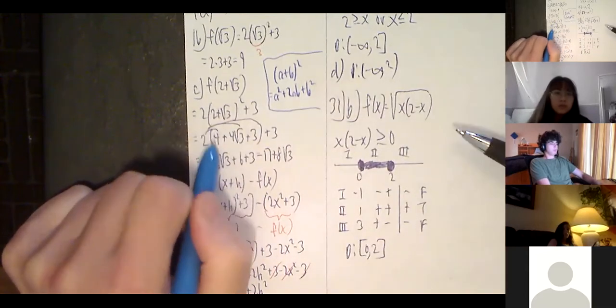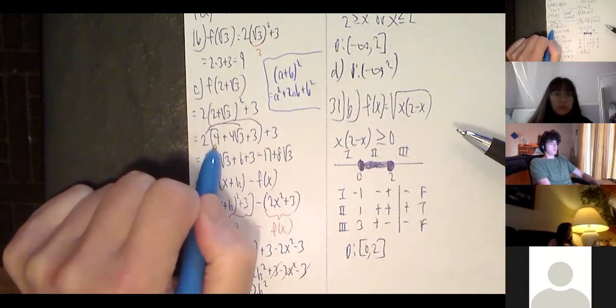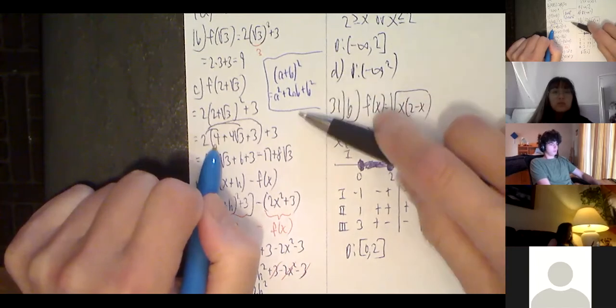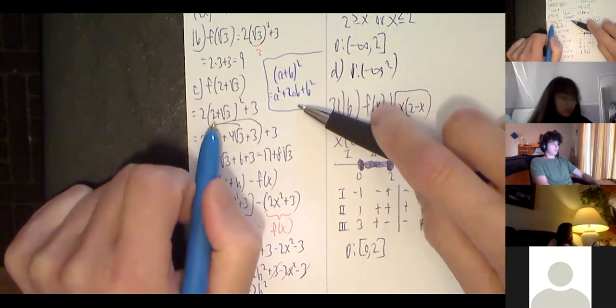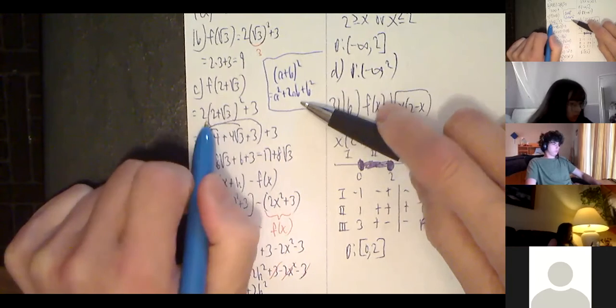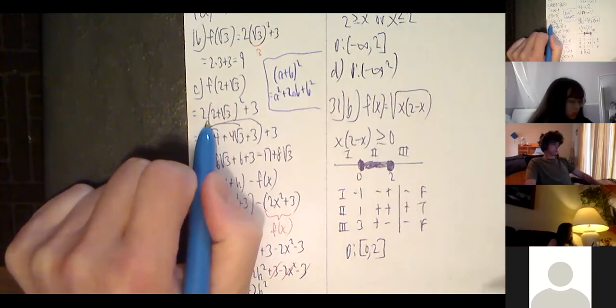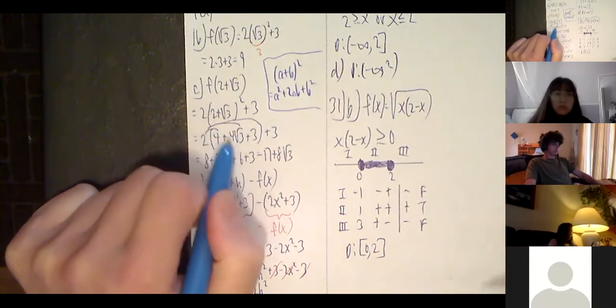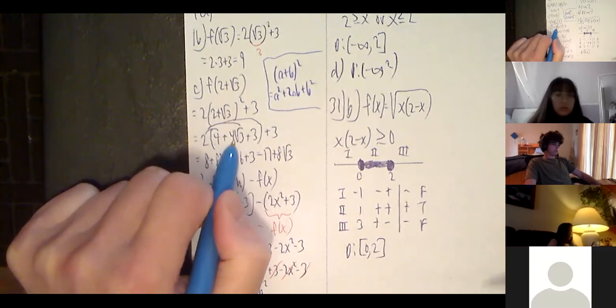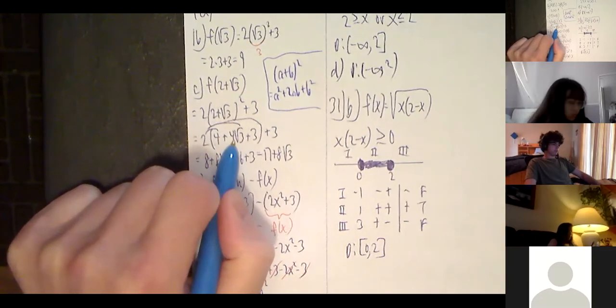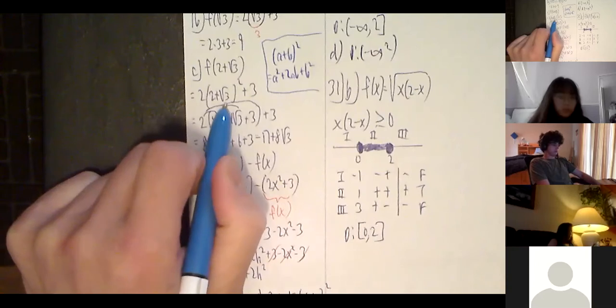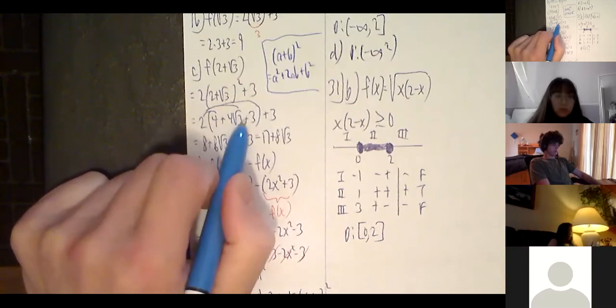So I have 2 squared, which is 4, plus 2ab. 2 times a times b. So 2 times 2 is 4. Times radical 3 is just 4 radical 3. Plus b squared. So radical 3 squared, well, again, that's just 3.